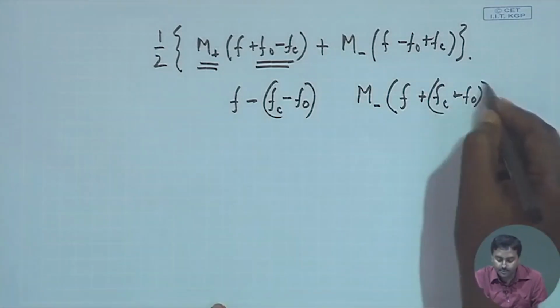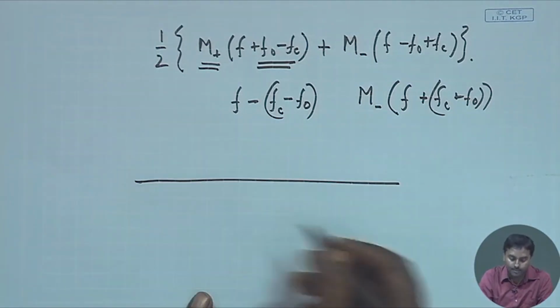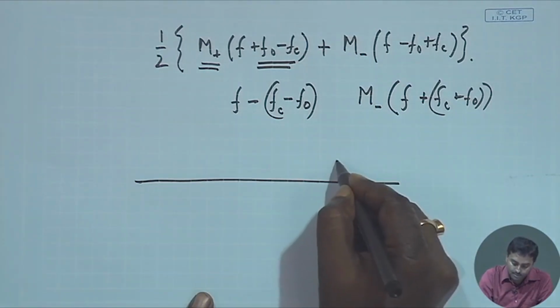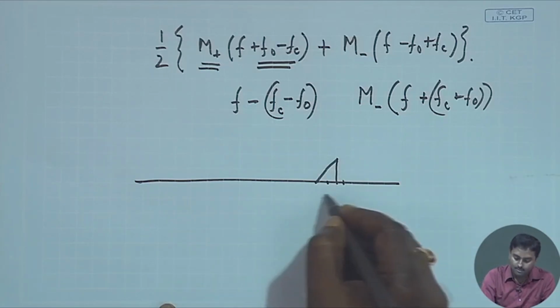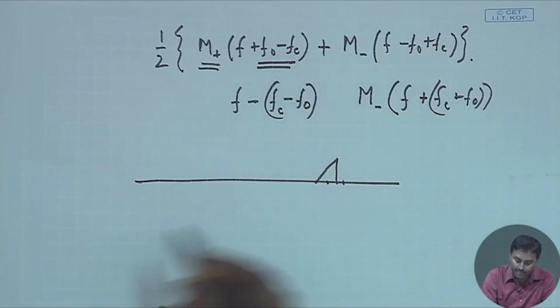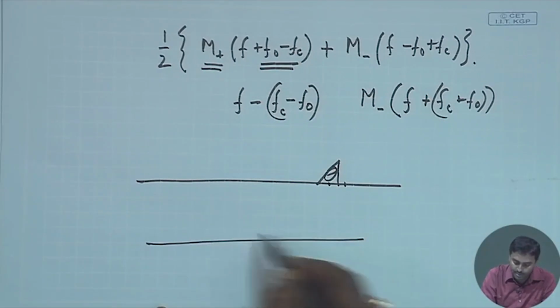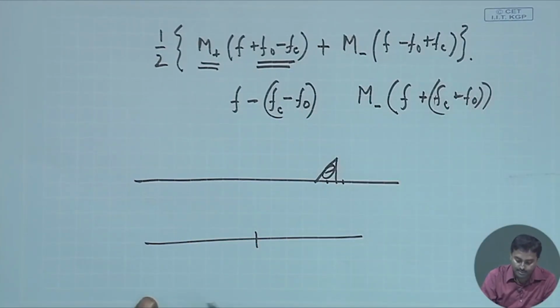The m minus part, which is that lower part, is centered at Fc plus f0.